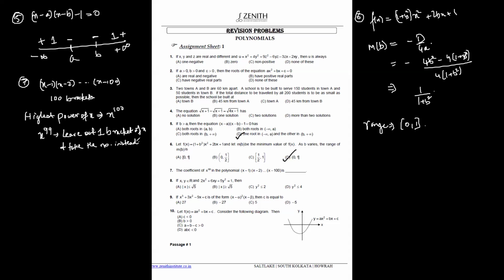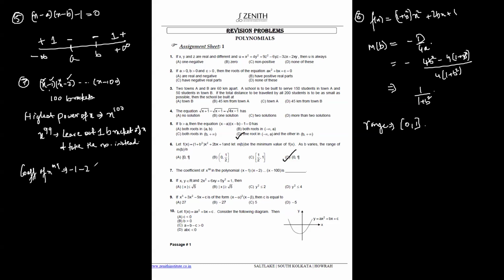So this way, let's say we take the first bracket. We left the x of the first bracket and we take minus 1 and we take x from the remaining 99 brackets. So what would be the coefficient of x power 99? Minus 1. Similarly, second iteration, we leave the x of the second bracket, take minus 2 and we take x from the remaining ones. So in that case it will be minus 2.